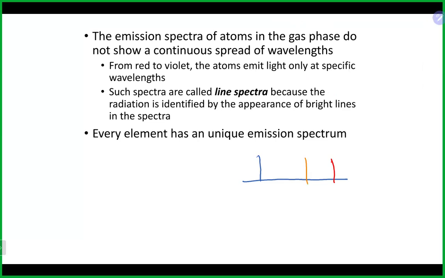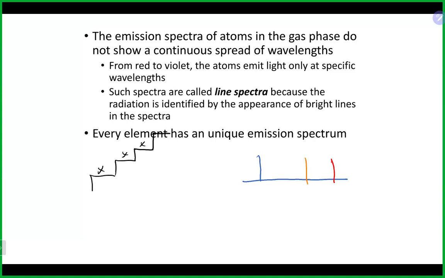And this is because this is how electrons transition in this type of situation. They transition, as we talked about, in this quantized energy. And that quantized energy means, again, like the staircase, they can only be at certain energy levels.